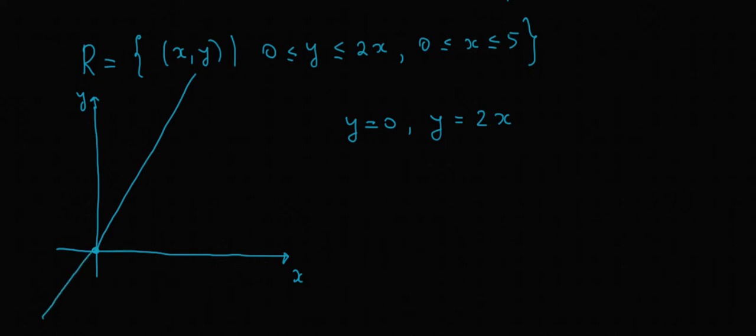And since we have the inequality which says that y has to be greater or equal than 0 and less or equal than 2x, therefore the points that satisfy this inequality would have to be above the x-axis and below the line y equals 2x.